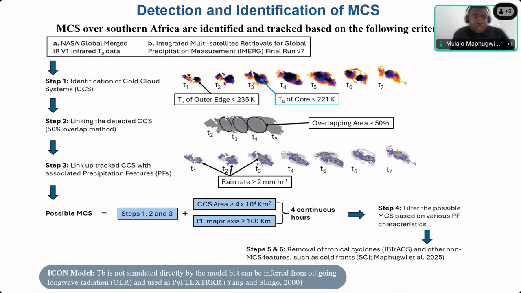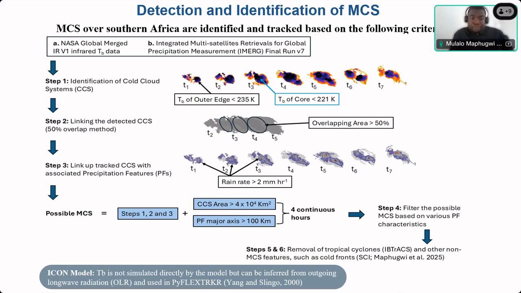Over Southern Africa, we have followed the same steps. We identify the cold cloud shield, and then from there, you link the detected cold cloud shield with a 50% overlap. So that's the cold cloud shield developing over time. And then you link that with the precipitation that comes with the cold cloud shield that has been detected.